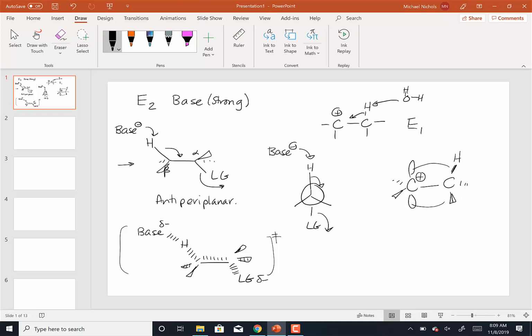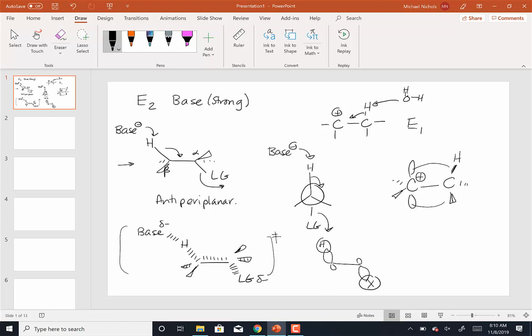And I'll just add one more thing for completeness. The reason that the hydrogen has to be anti-periplanar is because of the orbital picture. Here is my hydrogen attached to the carbon, and here is my leaving group, I'll just make it an X, attached there.